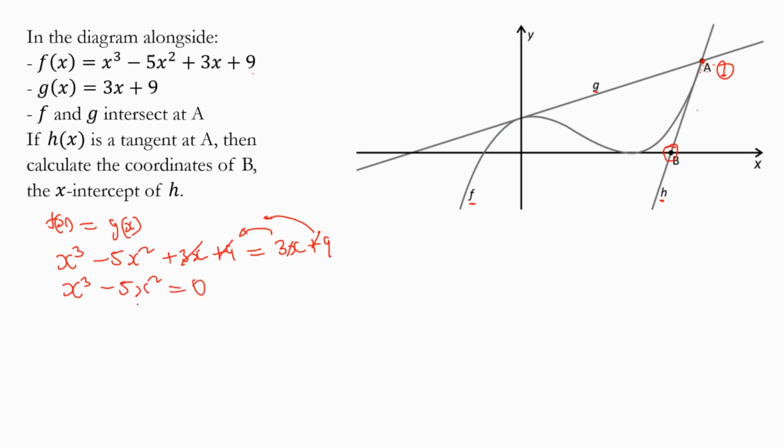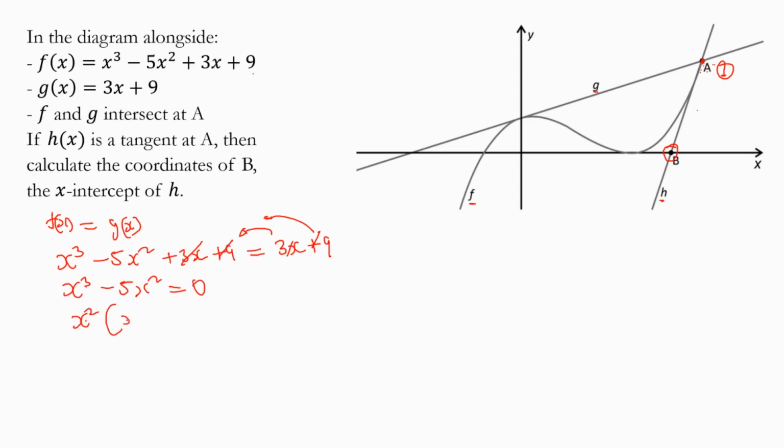And then it becomes very easy to factorize this, because here we're going to use the highest common factor. Remember, for factorizing, always think about the highest common factor before you think about other ways of factorizing. Do we have a highest common factor here? Yes. So let's factor it out. The highest common factor is x squared. And then what is x cubed divided by x squared?